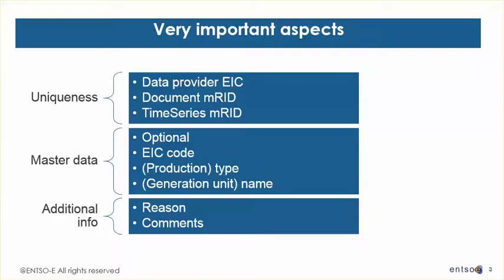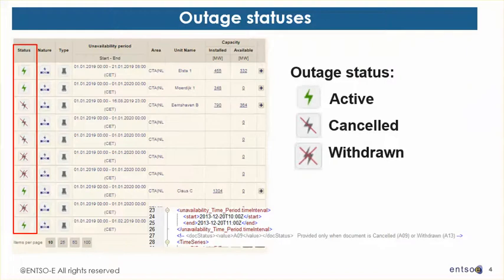You go to the next slide. This is information about the status. As you know, an outage can be active, cancelled, or withdrawn. What is important, withdrawn by default means that the outage was somehow submitted by mistake or there was some error, and it was removed or marked as a wrong publication.